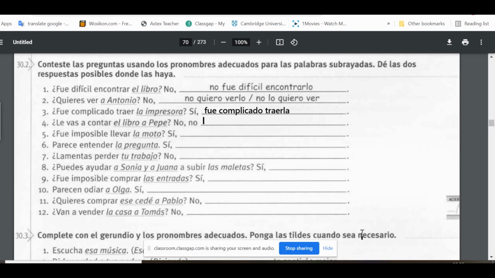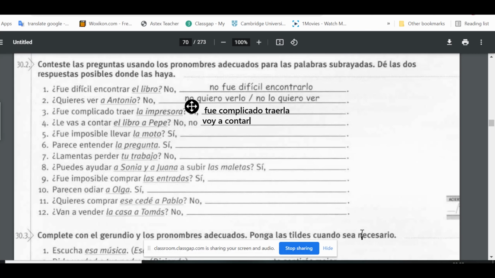So no voy. No voy a contar, or it can be even a contar. How many objects do we have here?